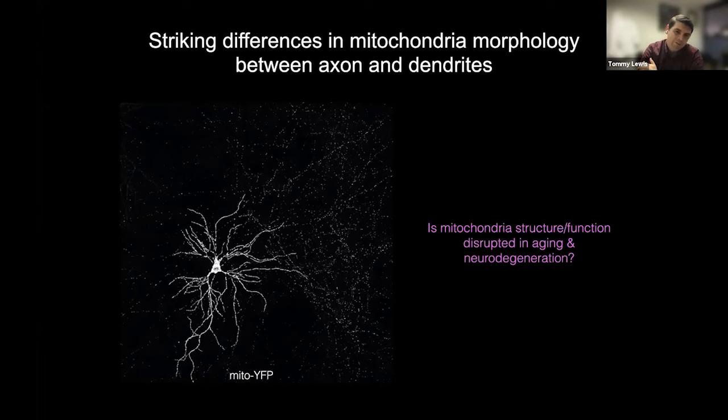And basically, is this pool somehow incorrectly activated as neurons age or are insulted by neurodegenerative processes?